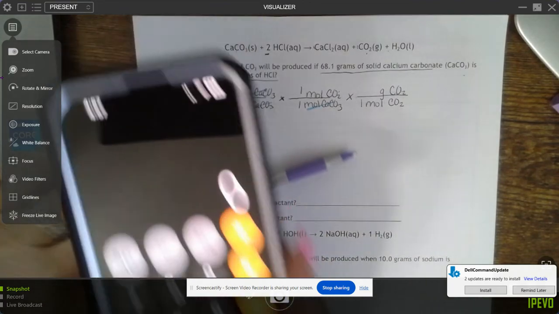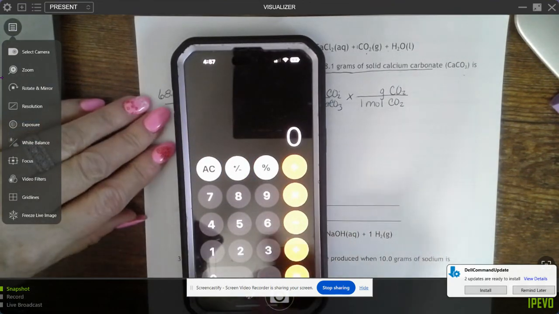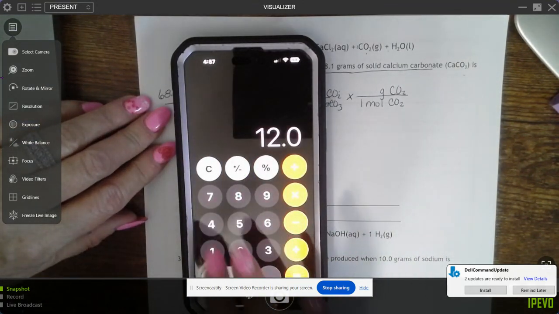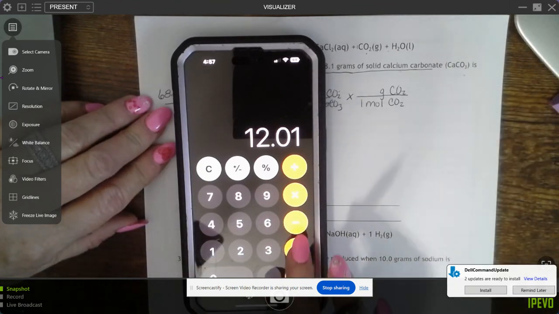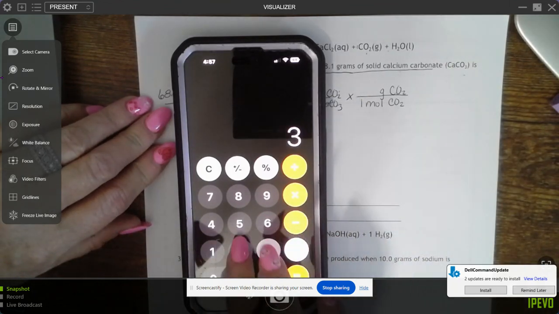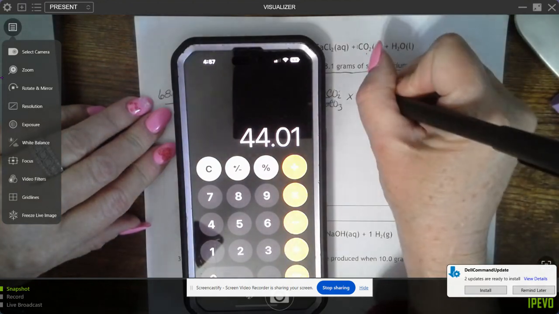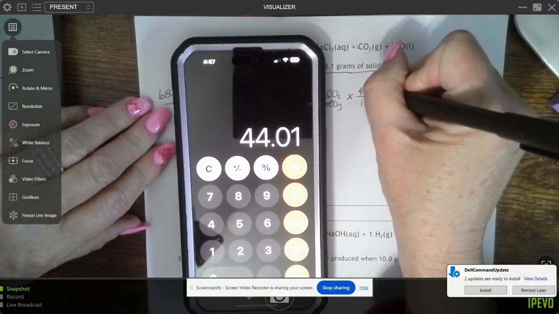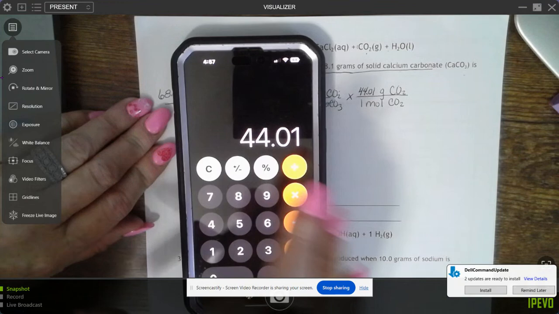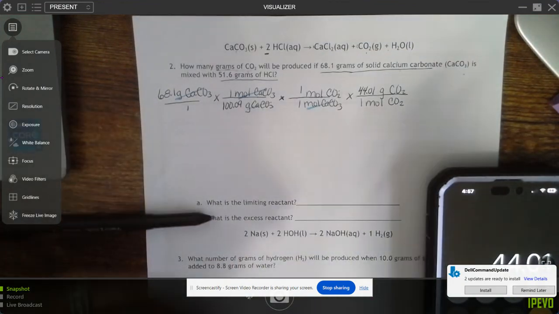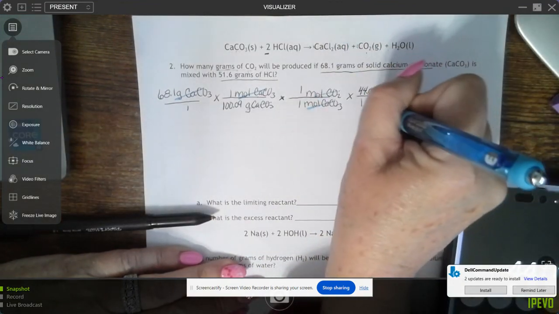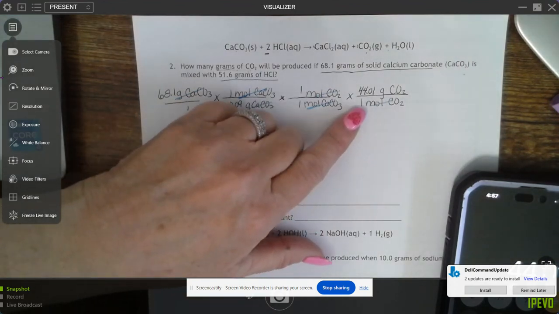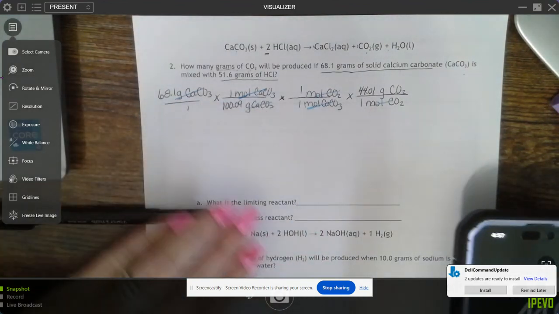The molar mass of carbon dioxide: we have 1 carbon, which is 12.01, and then we have 2 oxygen. Each oxygen is 16, so that's 32. So the molar mass of carbon dioxide is 44.01 grams. Our moles of carbon dioxide cancel out, and our final answer is going to be grams of carbon dioxide.